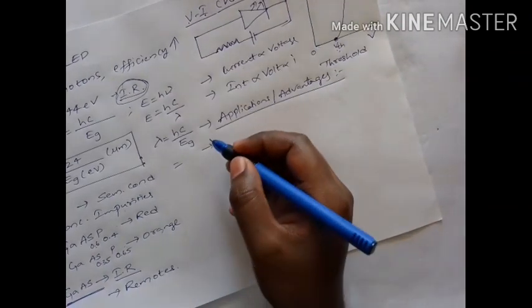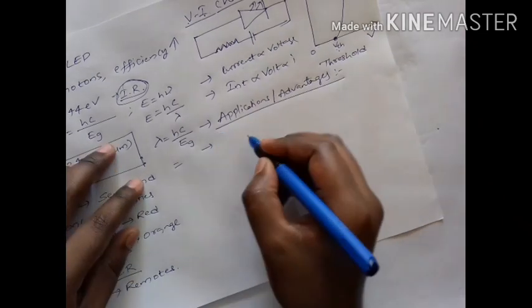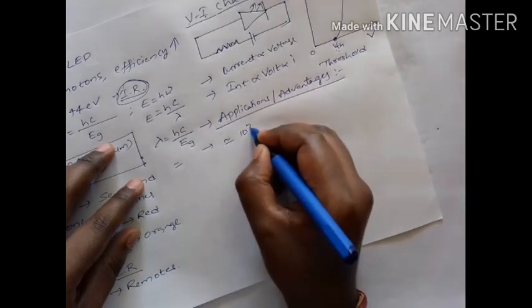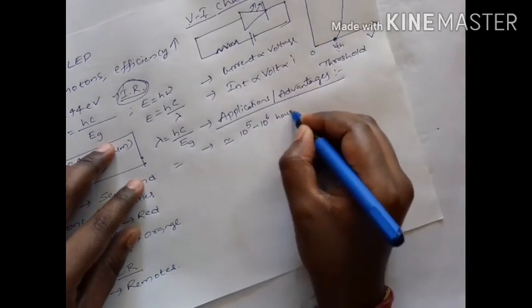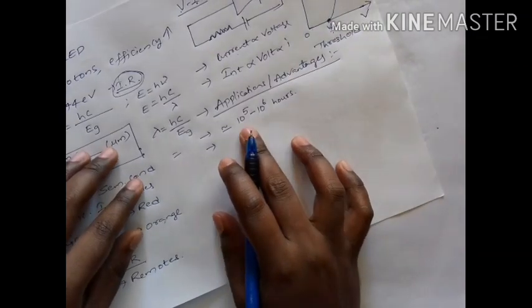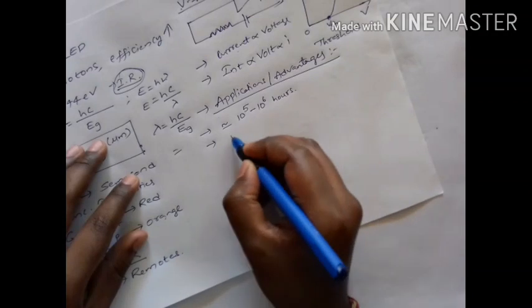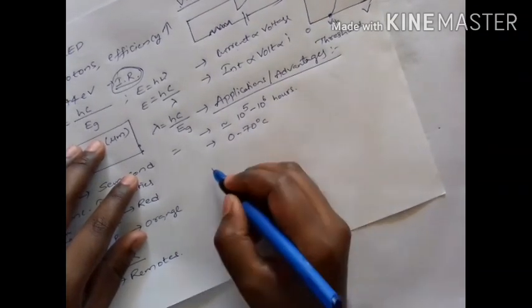The first advantage or application of this LED is that the lifetime of an LED is very high, in the range of 10 power 5 to 10 power 6 hours. This is the first application. And next, these LEDs can be operated in a wide range of temperature from 0 to 70 degrees Celsius.